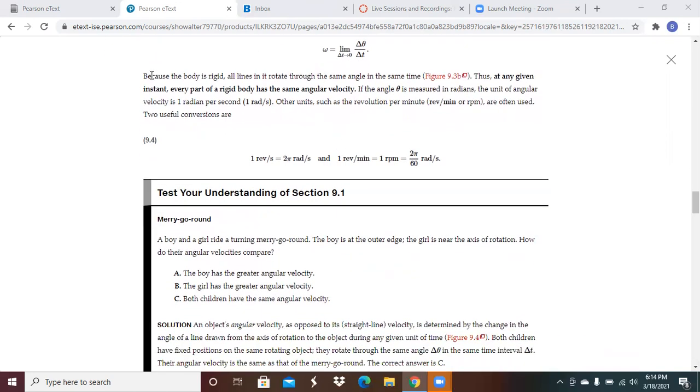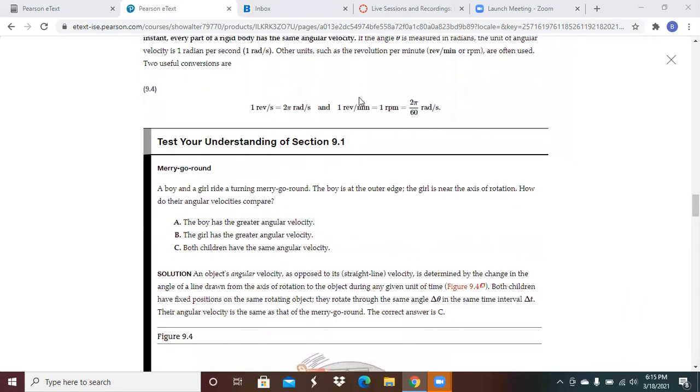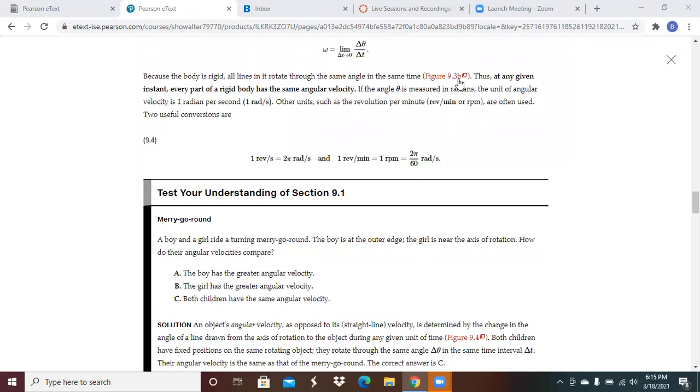So an important point here is that because the body is rigid, all lines in it rotate through the same angle in the same time. It's rigid, so everything's moving along at the same time. So at any given instant, every part of a rigid body has the same angular velocity. So if an angle is measured in radians, the unit of angular velocity is 1 radian per second.